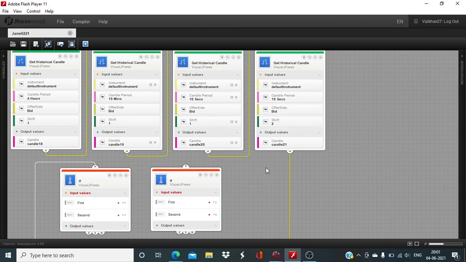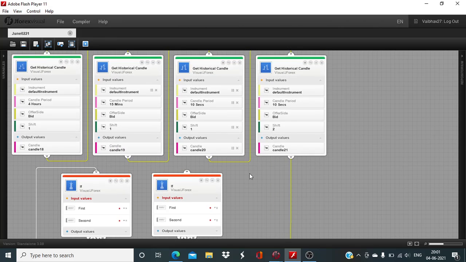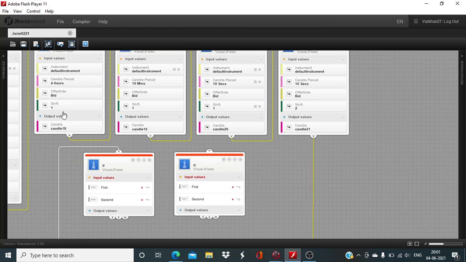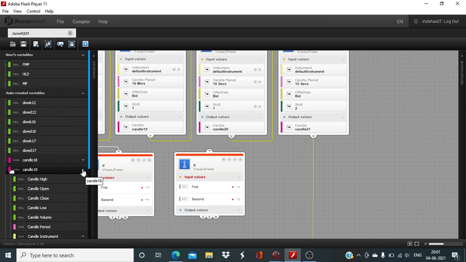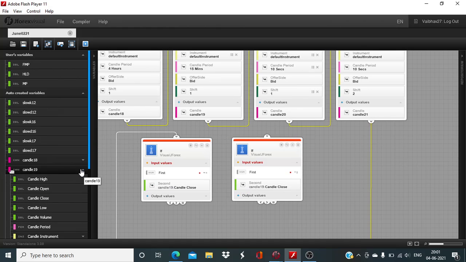we want to initiate the trade whenever price starts to drop below the last 15-minute candle close. So we will have to compare candle 20 and candle 21's close with candle 19's close. We will need candle 21 to have closed higher, and then candle 20 should close lower than the candle 19 close. So in this case, this will be the common input for both these blocks.